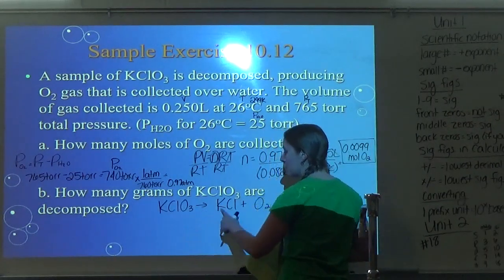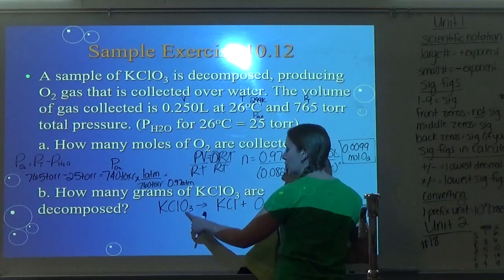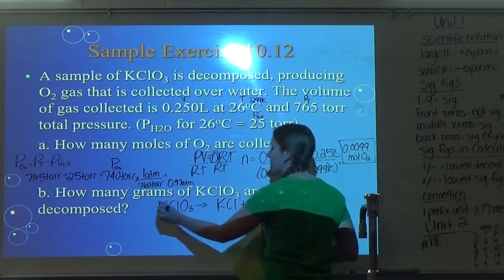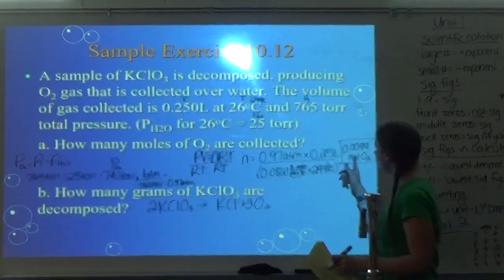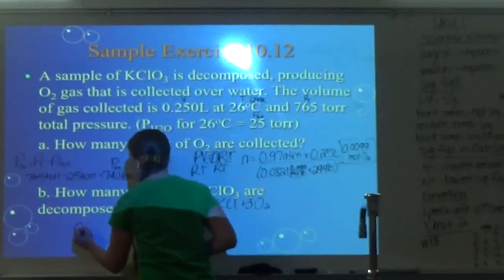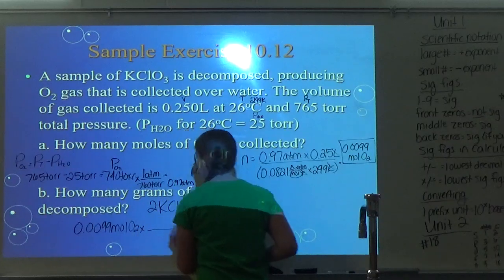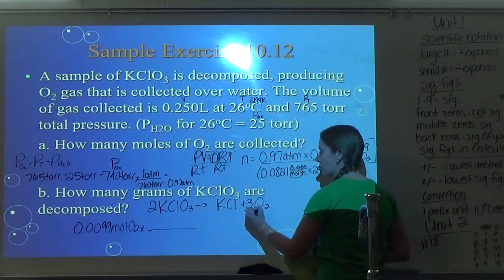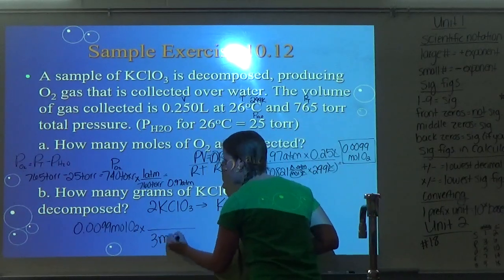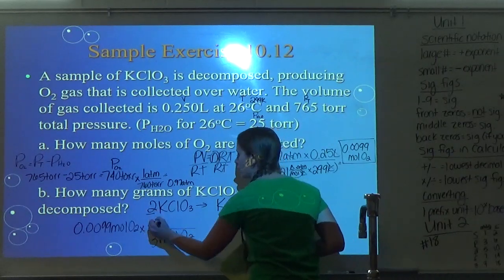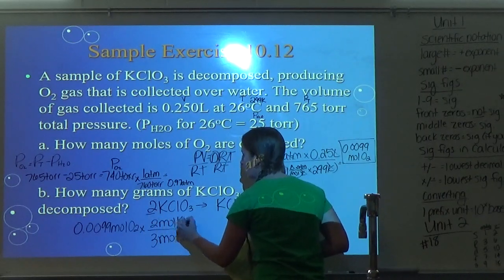So I need to balance to make sure I can do my mole ratio. I have 1 K, 1 K, 1 Cl, 1 Cl, 3 O's and 2 O's, so I just need a 3 and a 2. All right, so I know I have 0.0099 moles of O2. My first step is mole ratio. So 3 moles of O2 requires 2 moles of KClO3.